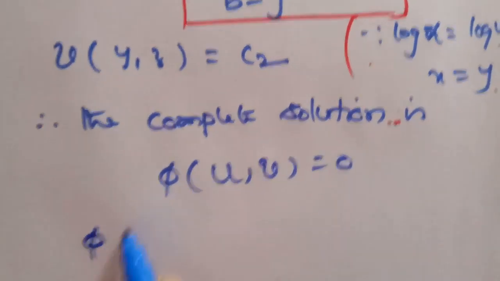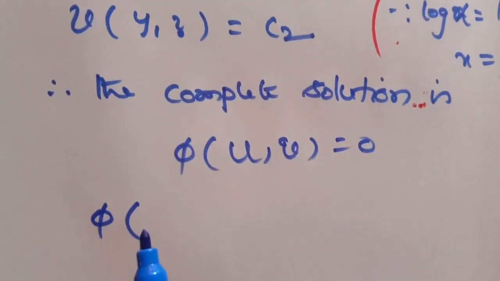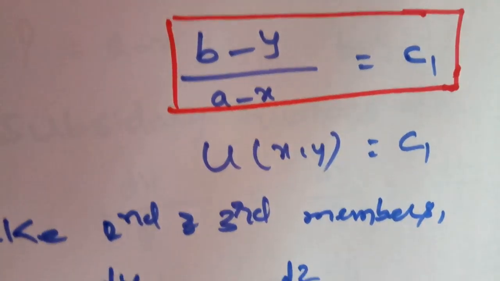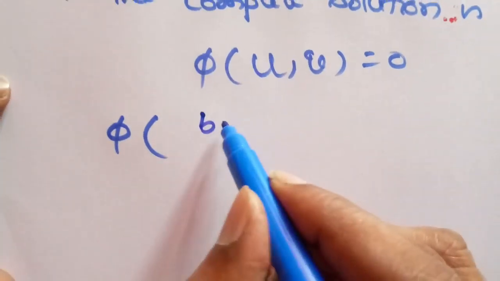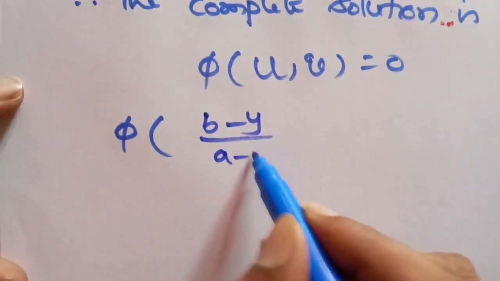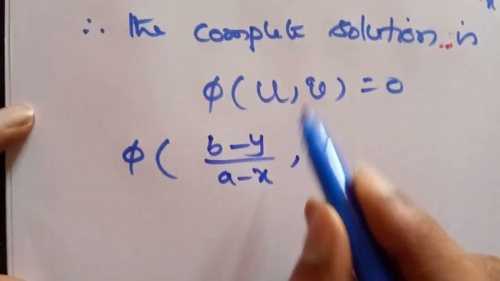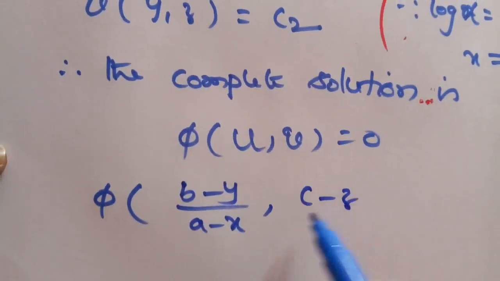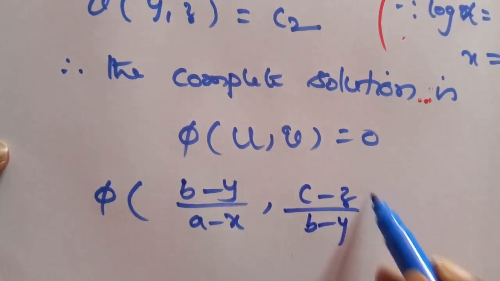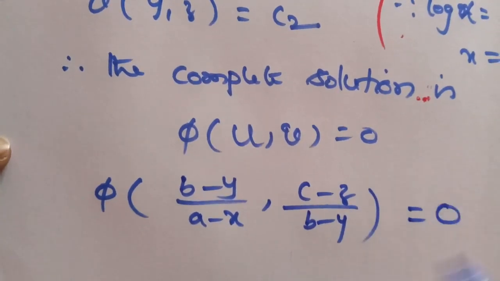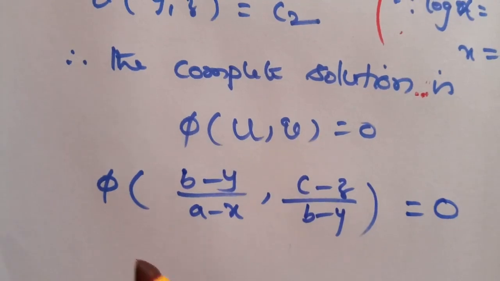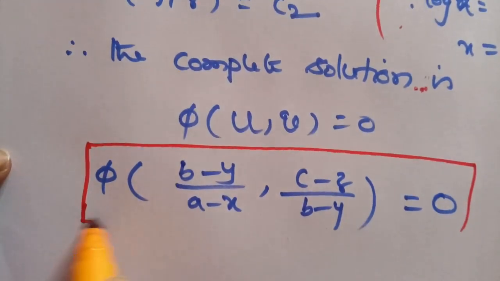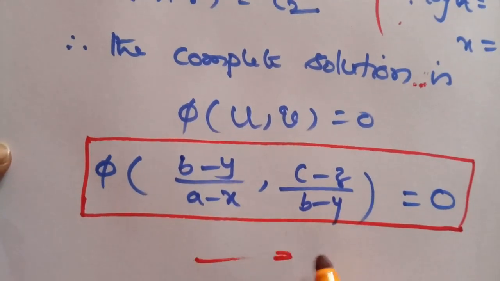Therefore, phi of b minus y by a minus x, comma, c minus z by b minus y, equal to 0, which is the required complete solution of the given Lagrange's linear partial differential equation.